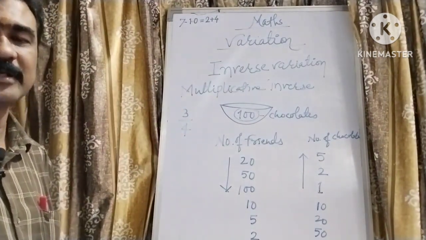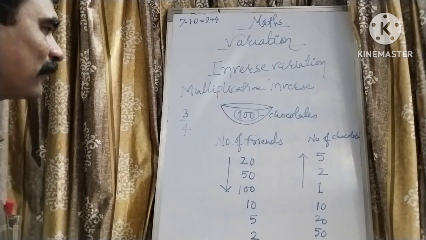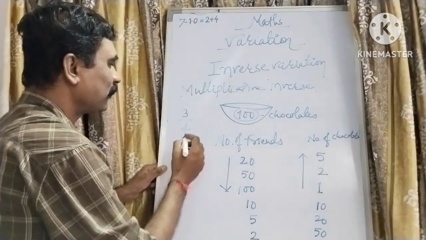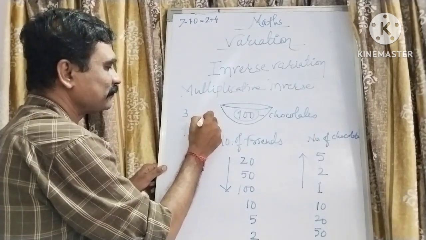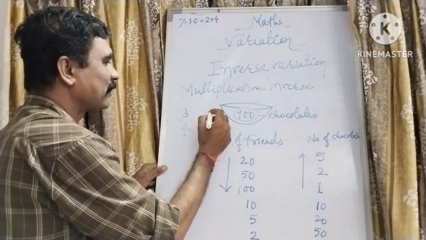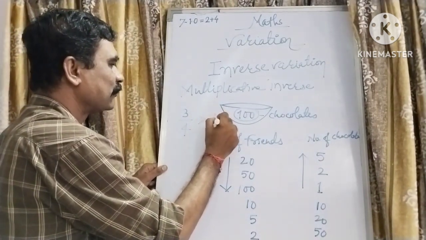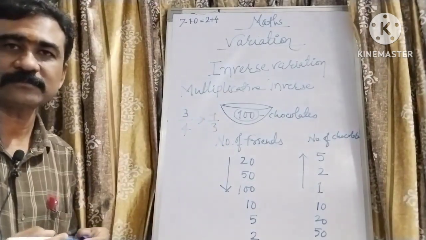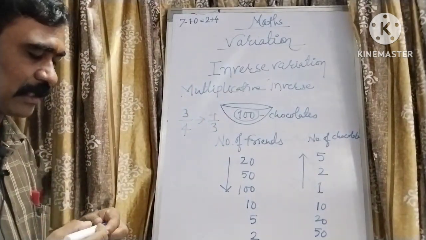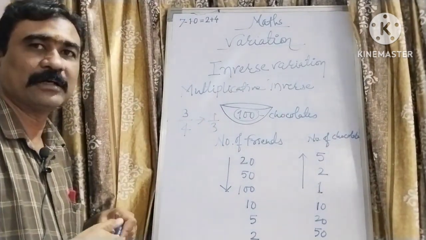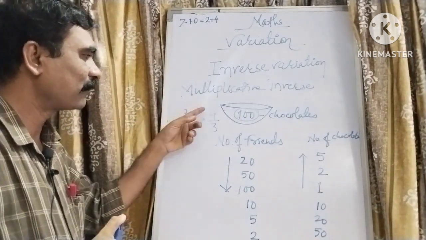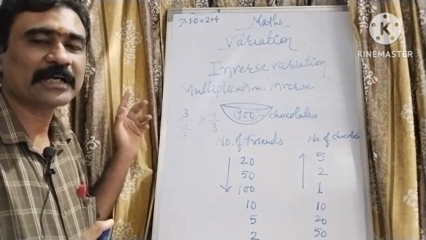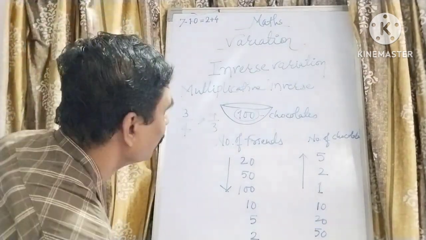What do we do? We only change the numerator and denominator. Means the multiplicative inverse of 3 by 4 is 4 by 3. So I think you got the meaning of inverse. 3 by 4, 4 by 3. Only interchange the numerator and denominator.